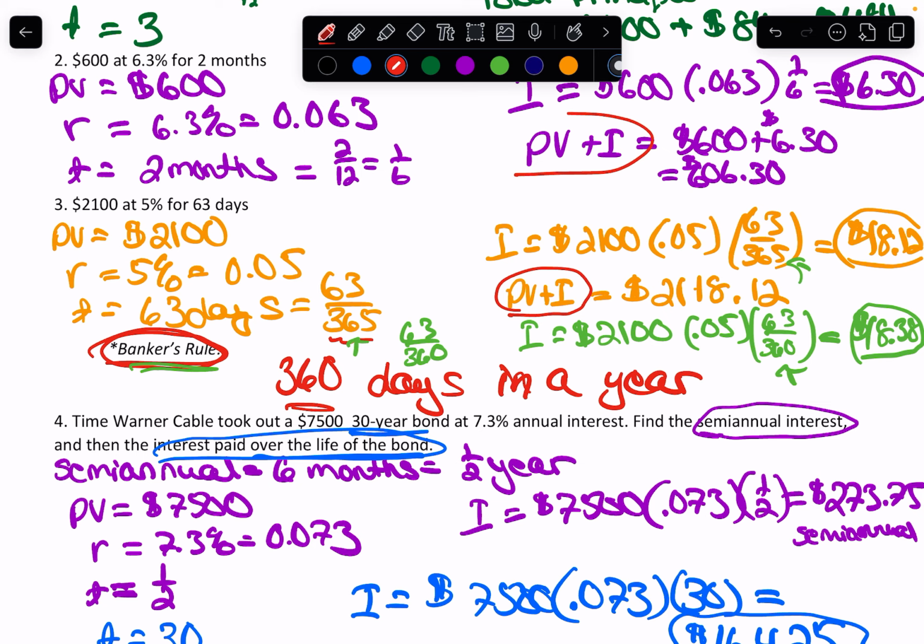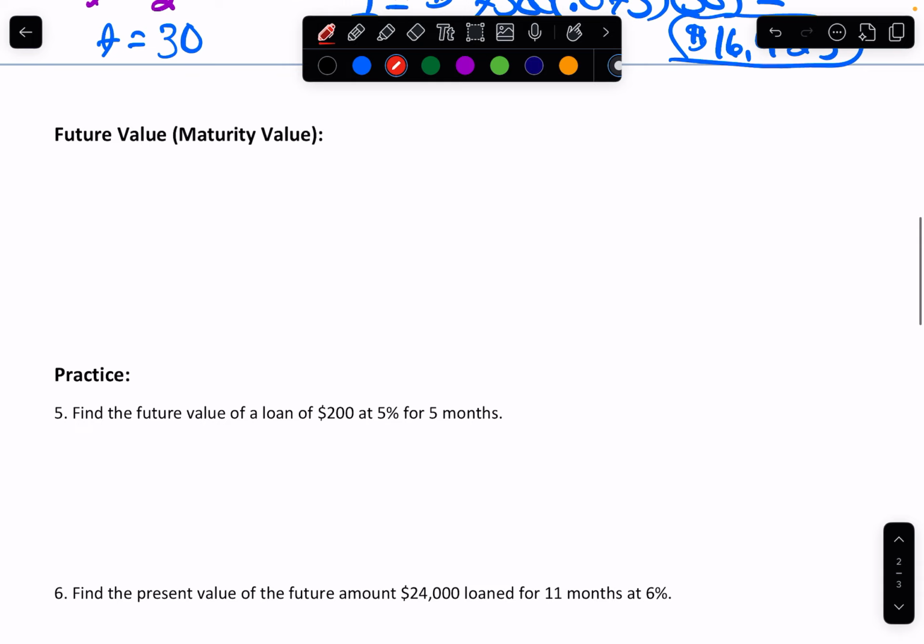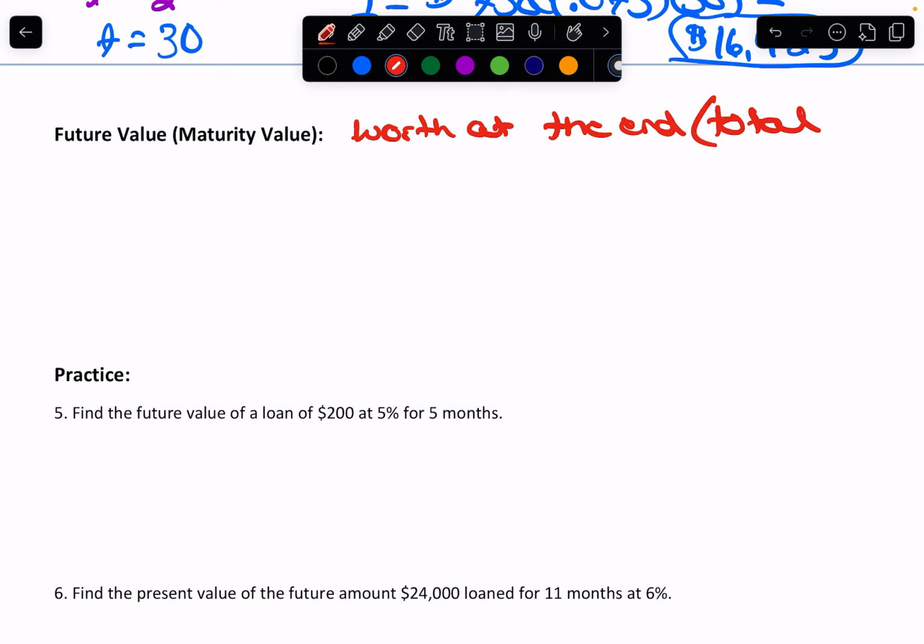It's what this is worth at the end. So the total, same thing as P plus I or PV plus I. So future value FV equals PV plus I.